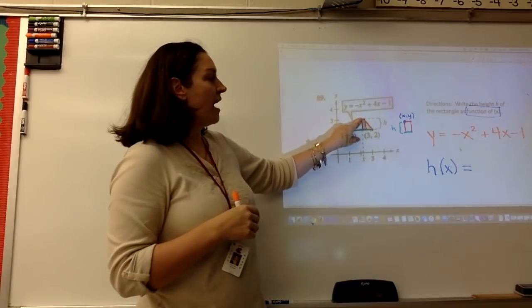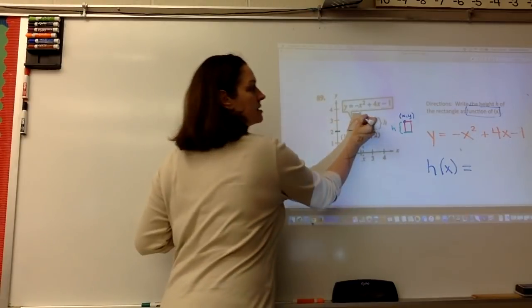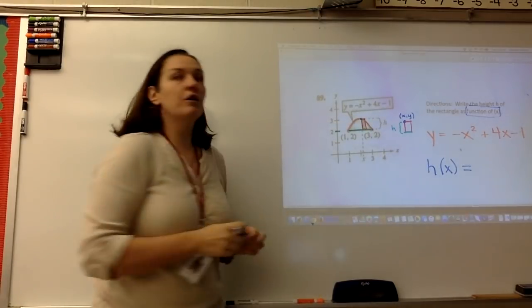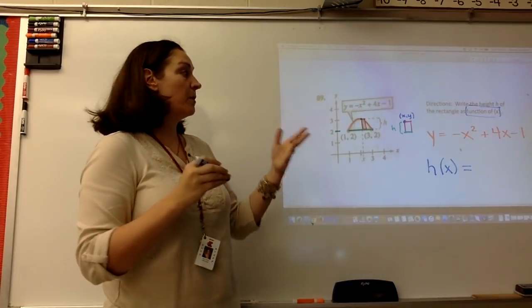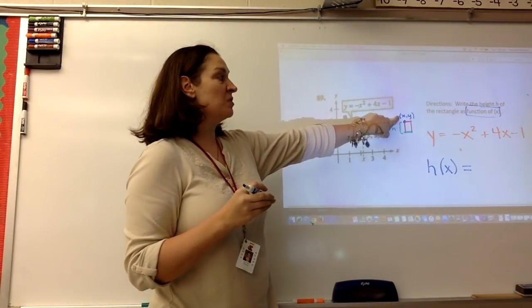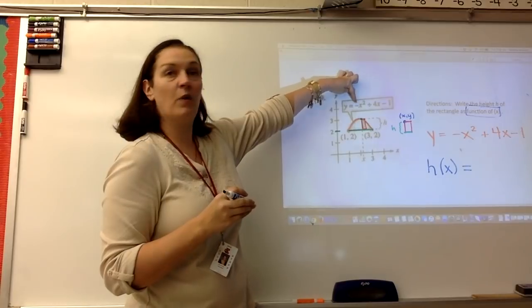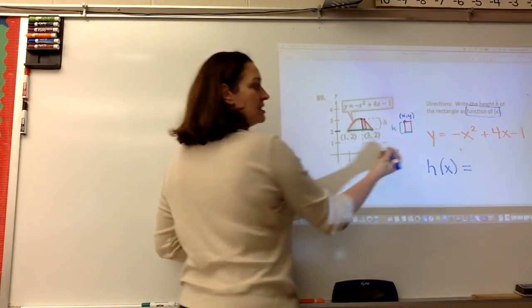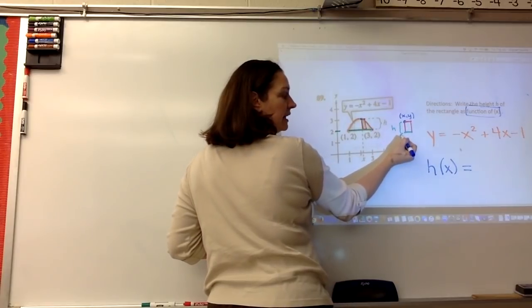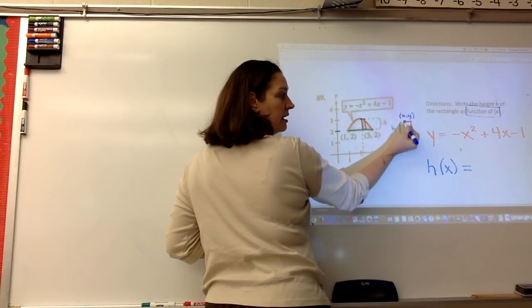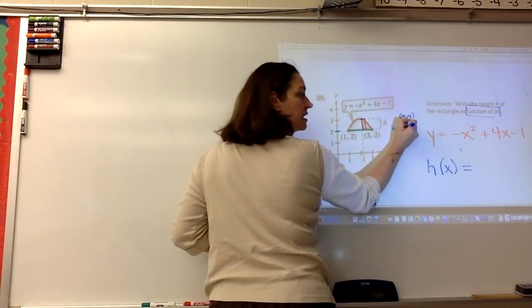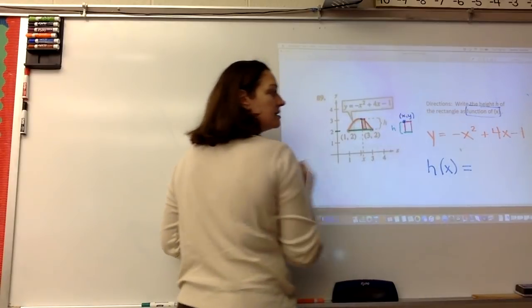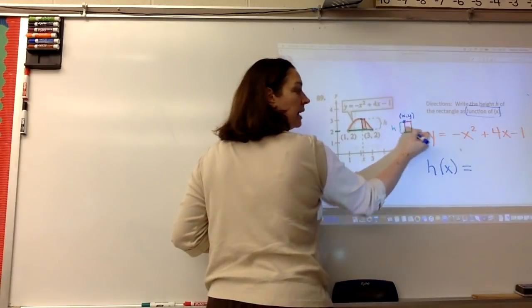Well, the blue dots are ordered pairs that are solutions of the parabola, which means they're x and y values that make this equation true. So the key here is the fact that the height, which I've highlighted in green, is always going to be relative to the value of the blue dot and the green line.